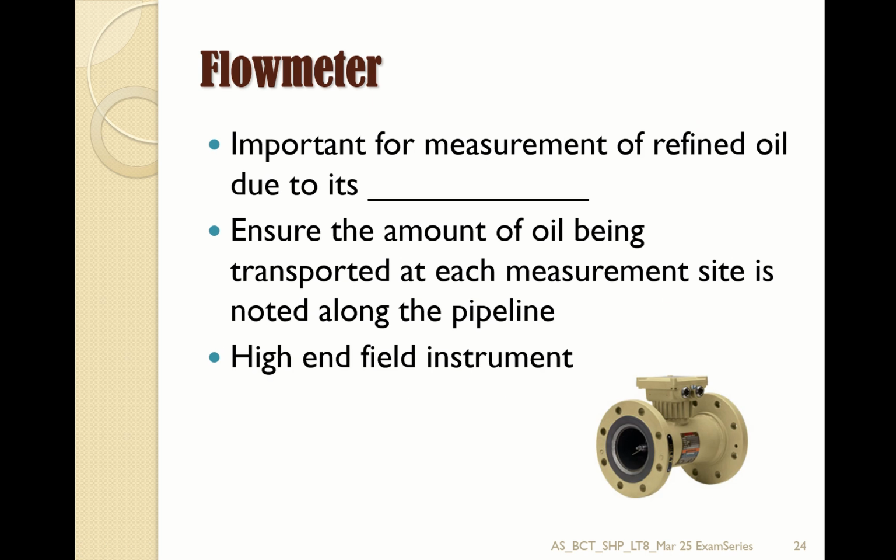Flow meter is to show the flow. Because it's in the pipeline, you cannot just open up and say, oh yeah, there's nice flow inside. Because some is very volatile, you open it and it all starts to come out. Then how do you know how much flow is inside? Use a flow meter. Oil products like petrochemicals, most of them are volatile, so you cannot just open the hatch to see inside the pipe.